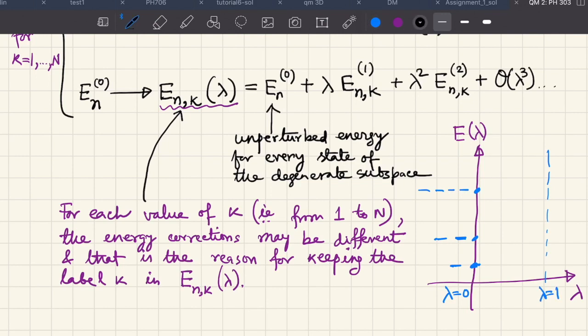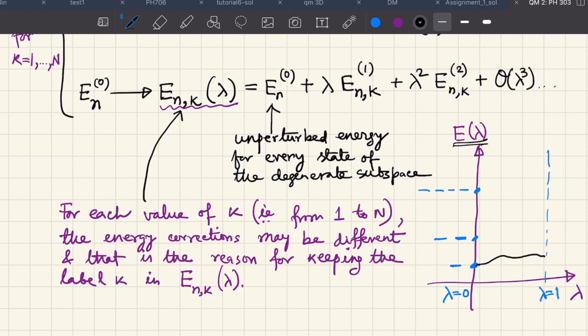As and when I start applying the perturbation, I have seen that my E varies continuously with lambda. Therefore, I can have the variation of E like this from 0 to 1.